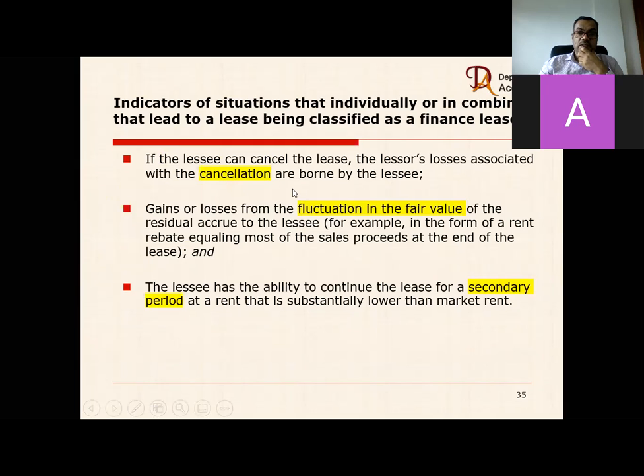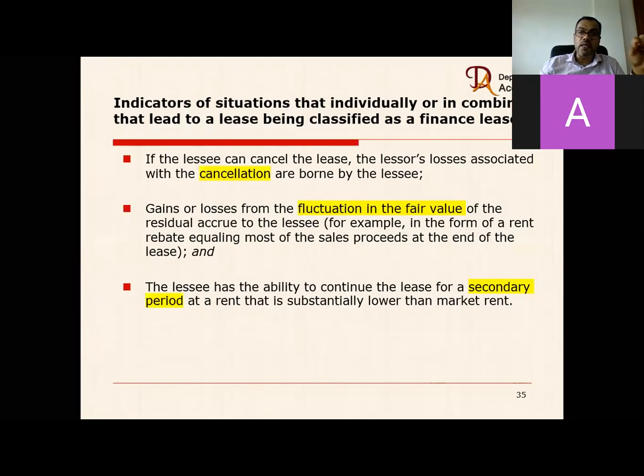Then the same thing is further explained, indications of situations that individually or in combination lead to a lease being classified as finance. If the lessee can cancel the lease, the lessor's losses associated with the cancellation are borne by the lessee. You can recall this point to the inherent characteristic that I explained to you about a lease.